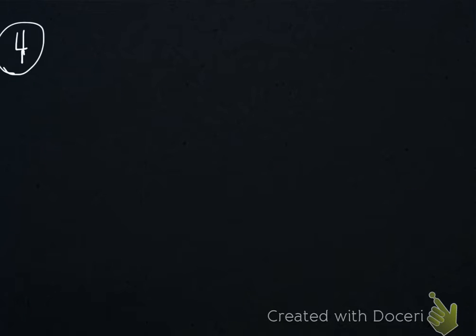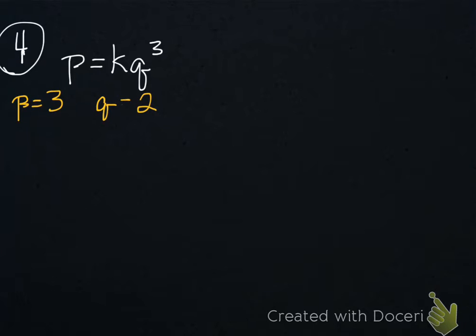Number 4. If P is directly proportional to Q cubed. Okay, remember the Q is cubed, so we keep that in the equation. When P is 3, Q is 2. And then we have the second criteria, find P when Q is 4.